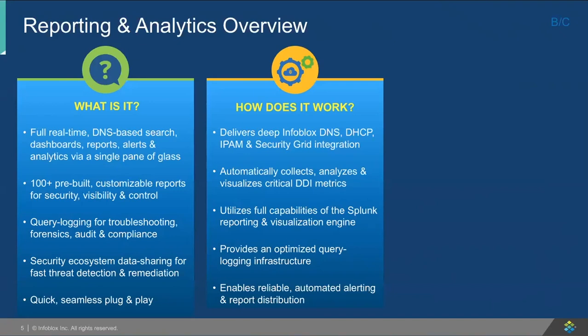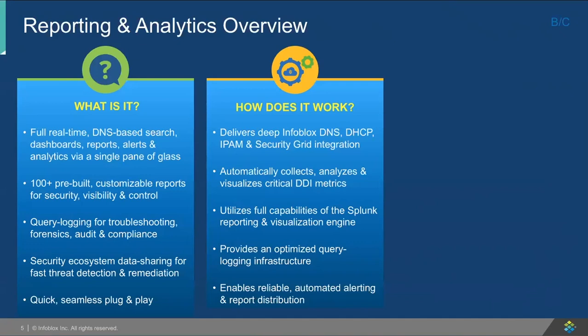We grab it for you, we index it, and we populate the reports. So, this is built off of the Splunk Enterprise Engine. It's dedicated to the Infoblox DNS, DHCP, and IP address database information. And because of that, we're able to leverage the visualizations in the Splunk engine as well as some of the other capabilities from that Splunk product.